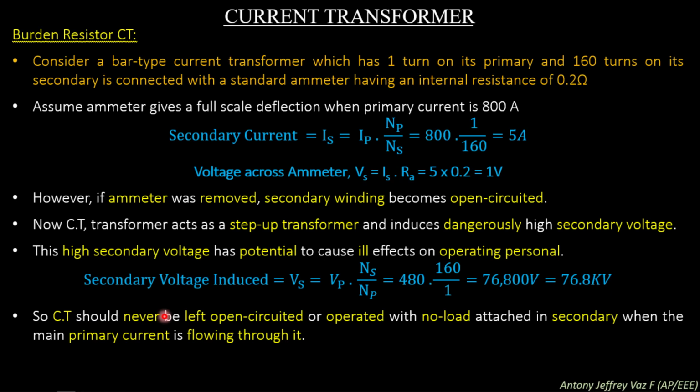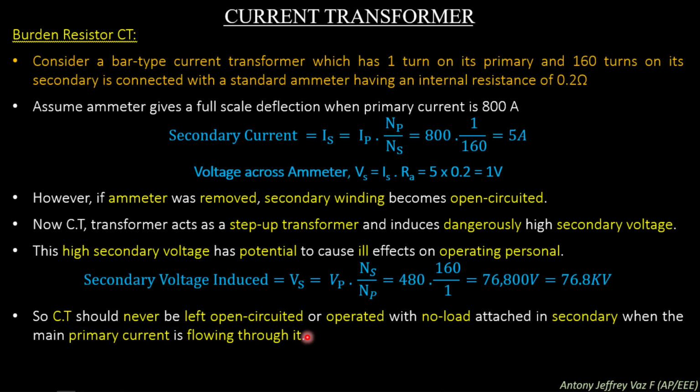So CTs should never be left open circuited or operated with no load attached in the secondary when the main primary current is flowing through it. If the CT is in operating condition, you should never remove the ammeter from the current transformer secondary.